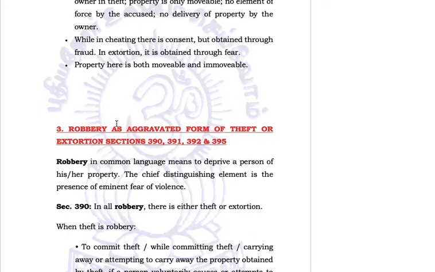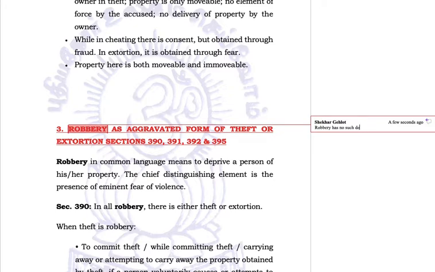Now what is robbery? Robbery has no such definition in the law, but we can define robbery in two ways: when theft is robbery, and when extortion is robbery.